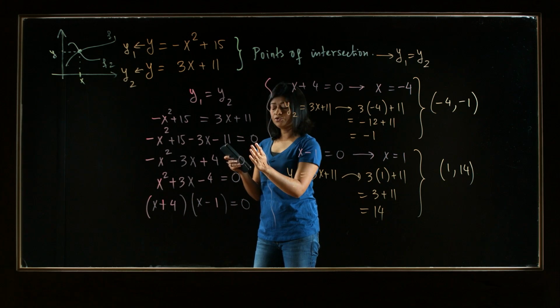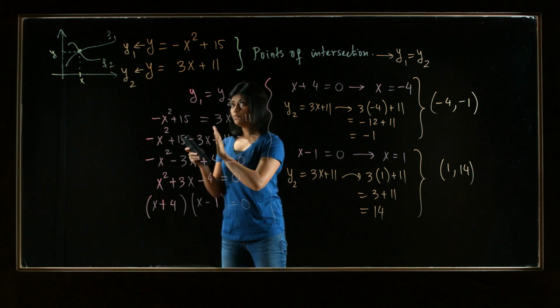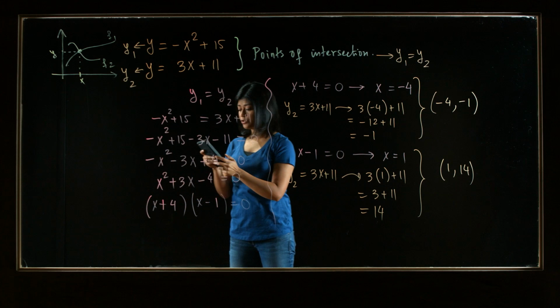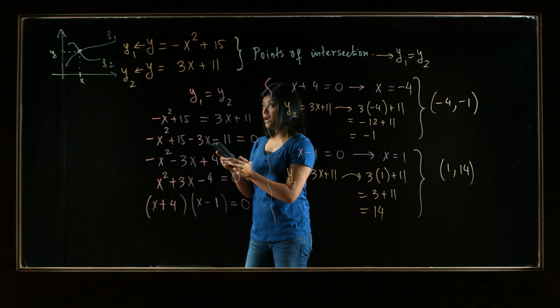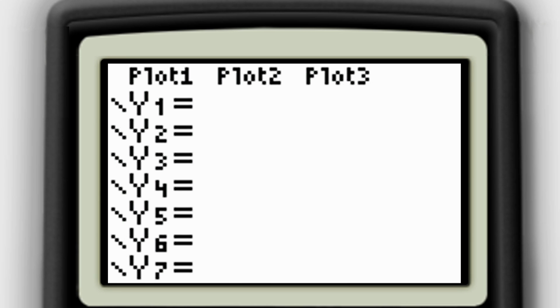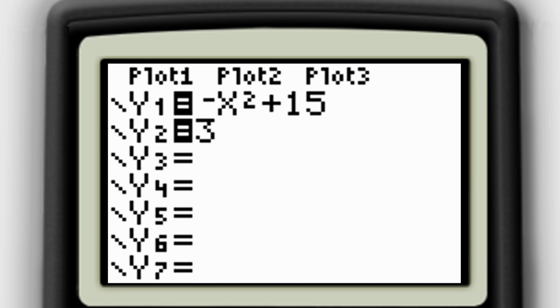So the first thing you should do is plot these 2 functions. So write down in your y1 the first equation, -x² plus 15, and then go to y2 and write down the second equation, 3x plus 11. All right, and then plot both of them in the same window.